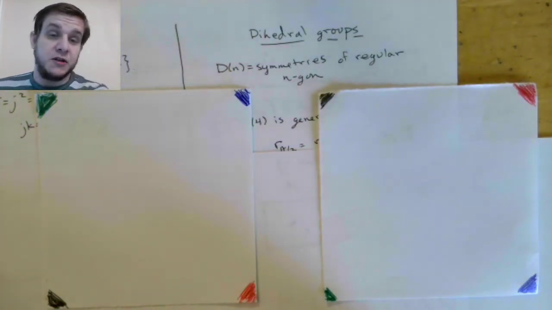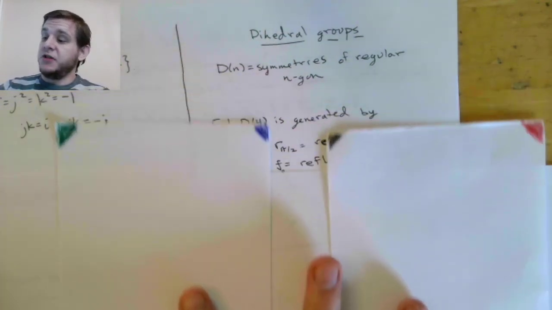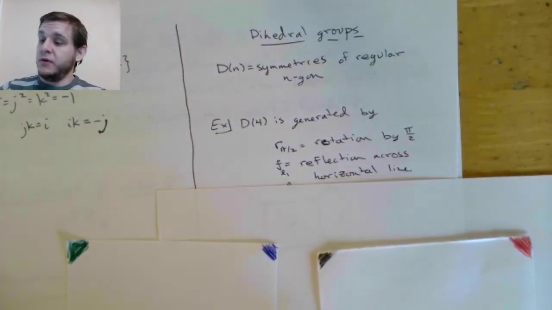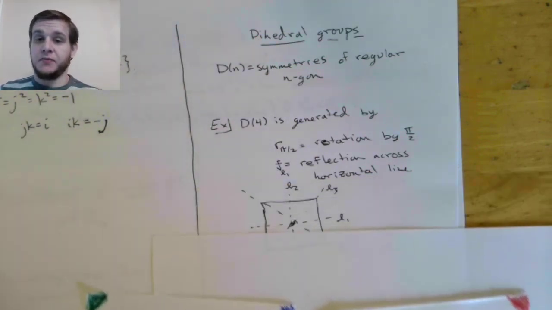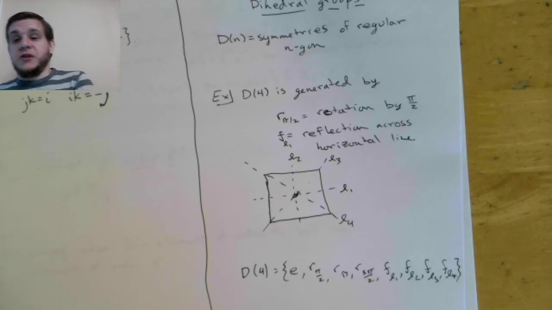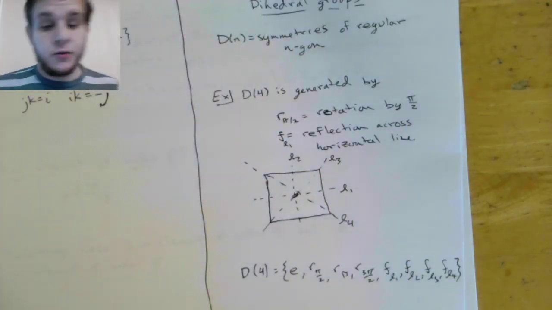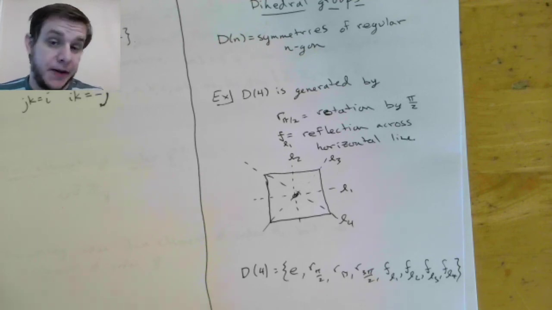I've just rearranged the corners. So this is the other generator of our group, which is the reflection across the horizontal line. And it turns out that D4 is a group of order 8. In general, Dn has order 2n.